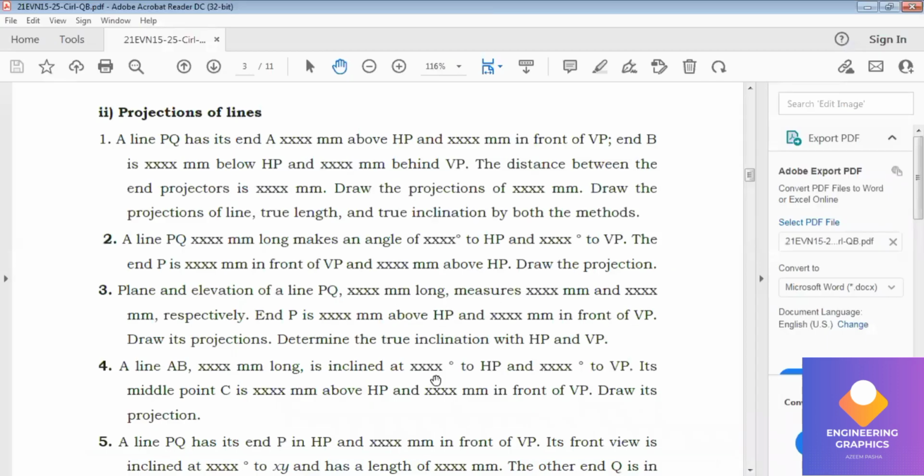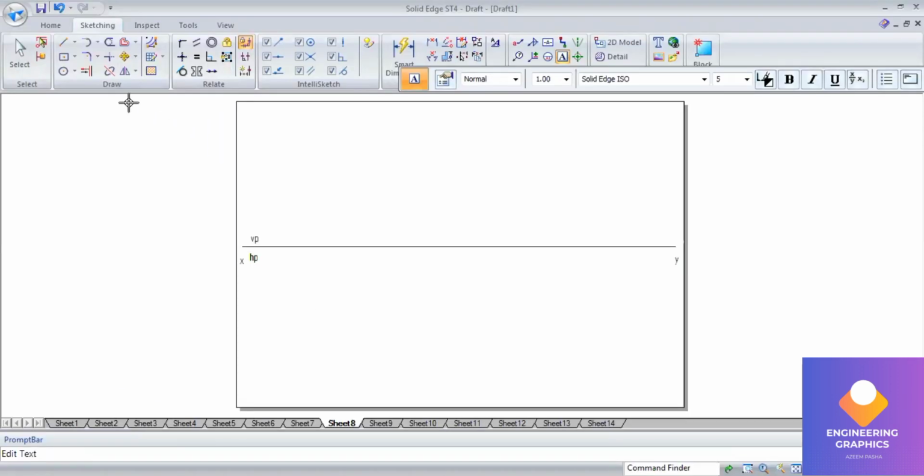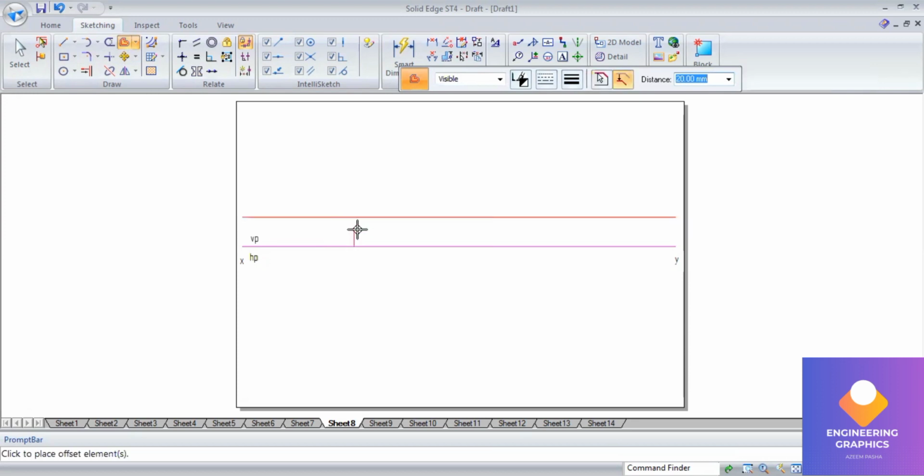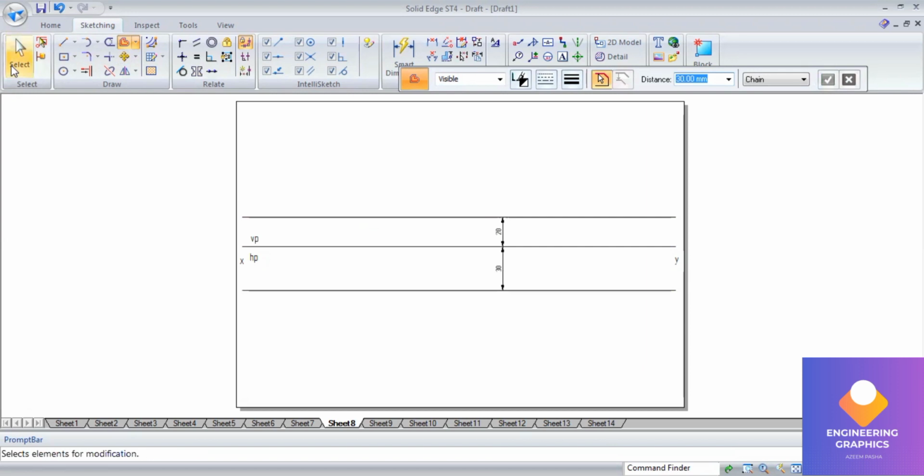Here the end point distances I will consider first using the offset command. 20 mm above HP I will consider and 30 mm in front of VP. So there are two locus lines I am considering. I will change these continuous lines into dashed lines.